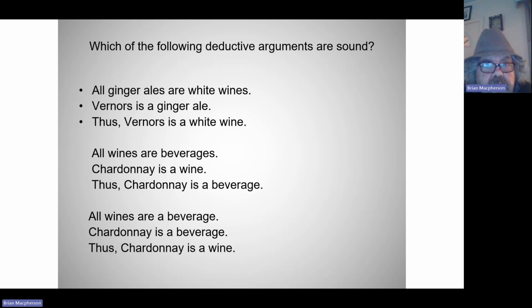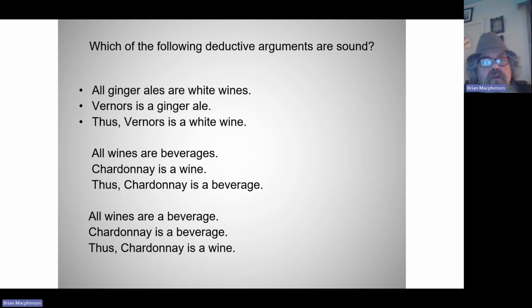Now let's look at the argument below. All wines are a beverage. Chardonnay is a beverage. Chardonnay is a wine. That argument is invalid because the valid version of the argument would be: all wines are a beverage, Chardonnay is a wine, therefore Chardonnay is a beverage. That would be okay.